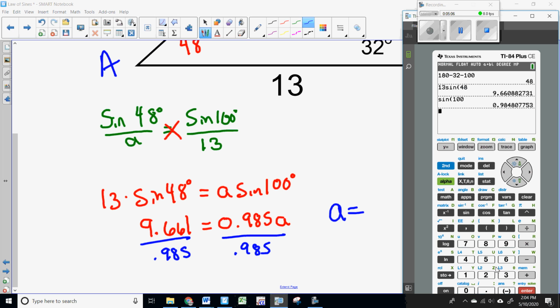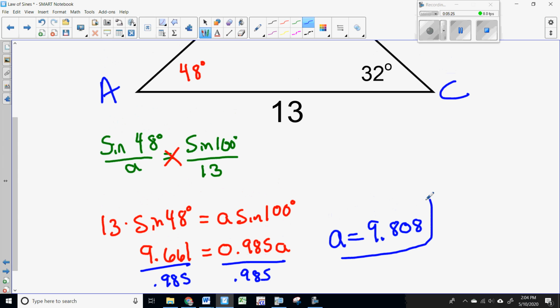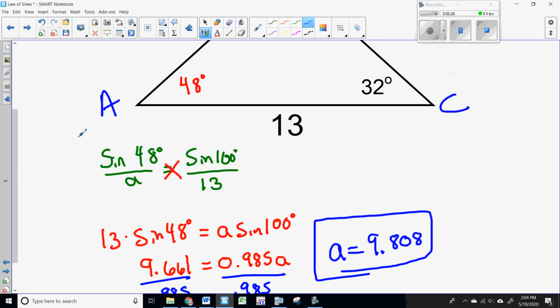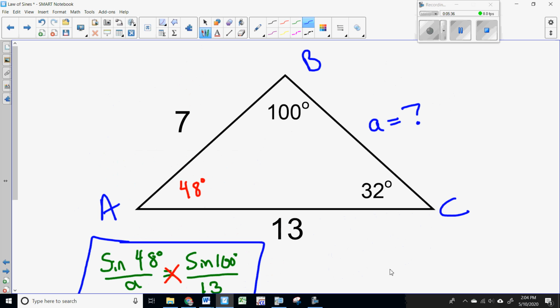So if I take 9.661 divided by 0.985, I get 9.808. And so now I have solved that triangle. So we're going to use this ratio, as the mathematical word for it, that we're going to write. We're going to cross multiply, and then we're going to solve. Because everything we've known up to this point, Pythagorean theorem, SOHCAHTOA, doesn't work because it's not a right triangle.